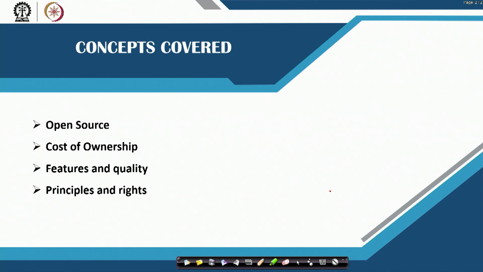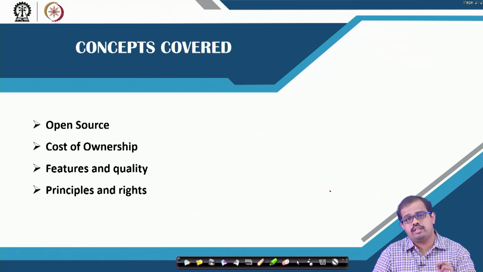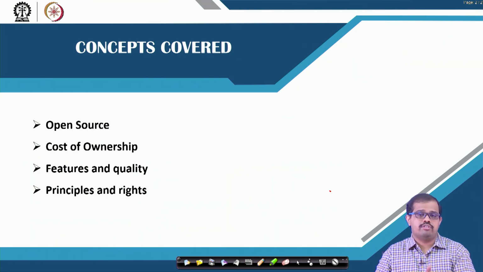Then the cost of ownership when you have an open source software versus a proprietary software, the features, the quality in an open source software and proprietary software, the principles and rights as a user, as a developer, and as a manager. For an open source software, what are your principles, what are your rights when you compare it with the proprietary software? That is what we would see in today's class.